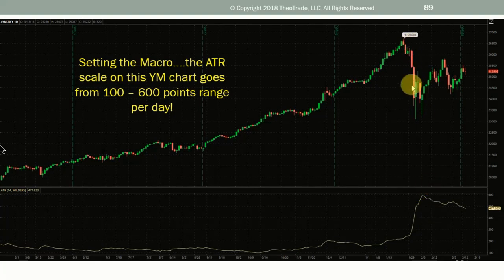Then during February of 2018, we had it up to 600 points a day, so 6 times larger. You have to adapt to that. You can't use the same stops and targets in this kind of market that you could in the other. You have to change your stripes.